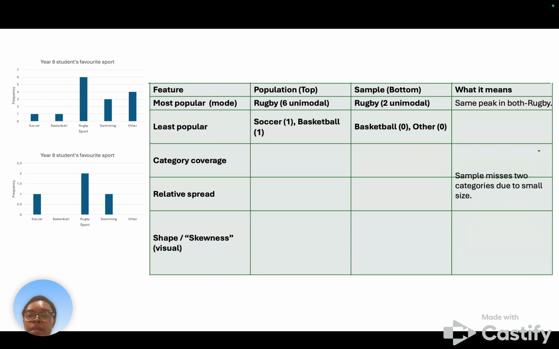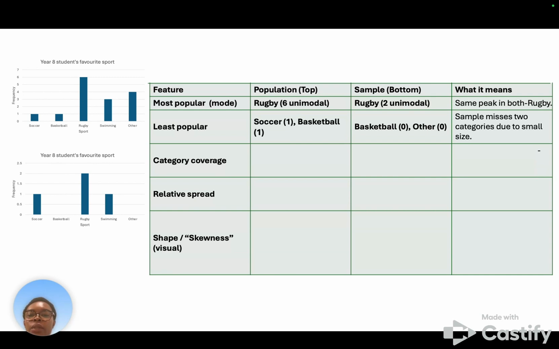So this means that the sample graph misses out on the basketball and other category, which usually happens because if a sample is small, you might not be able to collect data from people who would choose those categories as their favorite. Okay, so that's what happens when your sample size is small, and that is the reason why if you're going to choose a sample size, you make it big.